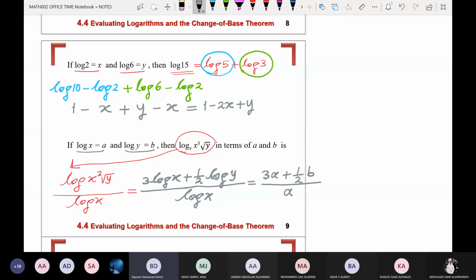You understand? Right. Of course, if you like, Shabab, 3a over a is 3, plus b over 2a. The same thing, of course.